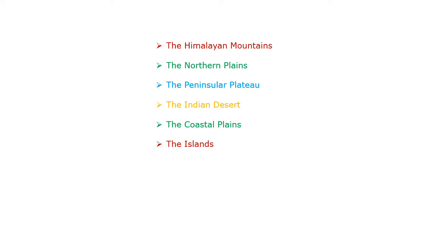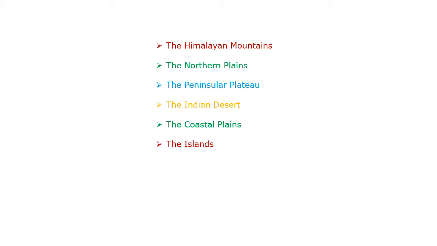And the northern plains, we said that the combination of the three rivers and their tributaries led to the alluvial soil for millions of years, forming the northern plains. So in continuation to that, we'll learn Peninsula Plateau, Indian desert, coastal plains and islands in this video.